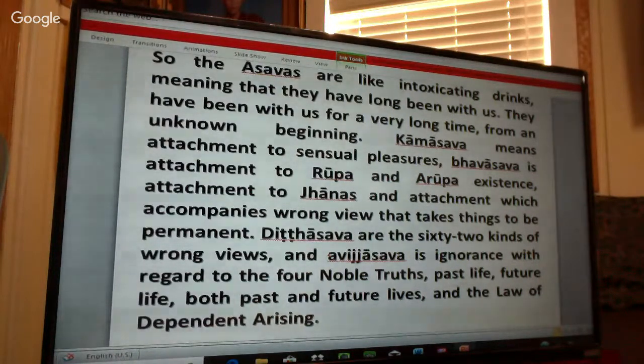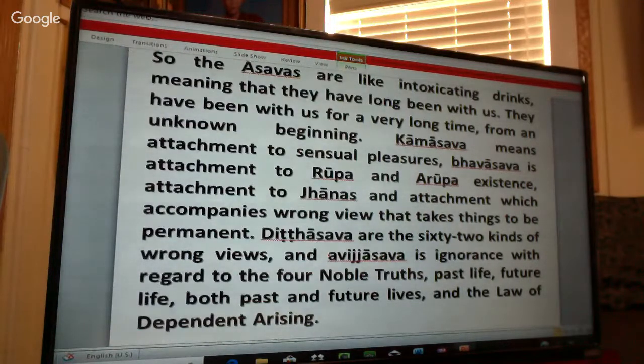Understand? These are all manifested. Kamasava is manifested as lobha, attachment. Bhavasava is also attachment to the jhana. This is also lobha, attachment. These are the names of the manifestations.